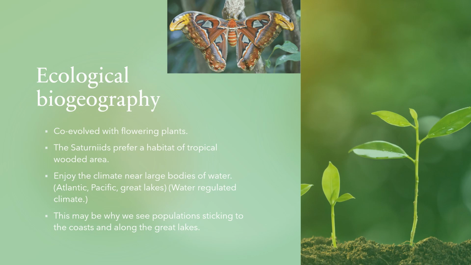Basically, the oceans regulate the climate of the land close to them. In the winter when it cools down on land, the ocean's still warm from the summer, so it keeps it from getting too cool, and then it's just the opposite in the summer for us. So that might be why we see those populations sticking to the coasts and along the Great Lakes there.